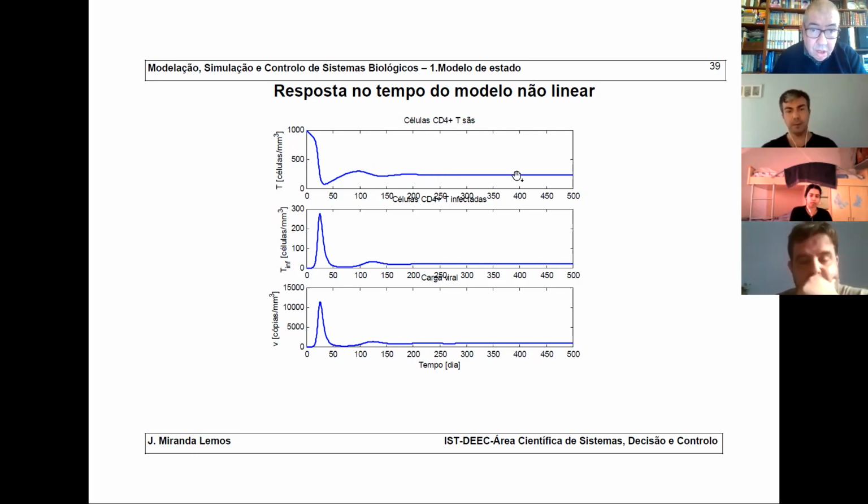The person can go on for between 2 and 10 years like this, and then, for reasons that are not completely clear, the number of virus grows, the number of infected cells start growing, and the T cells go to zero, and the person develops AIDS and dies due to infection, say tuberculosis or something. These opportunistic infections affect the patient because his immune system is not working.